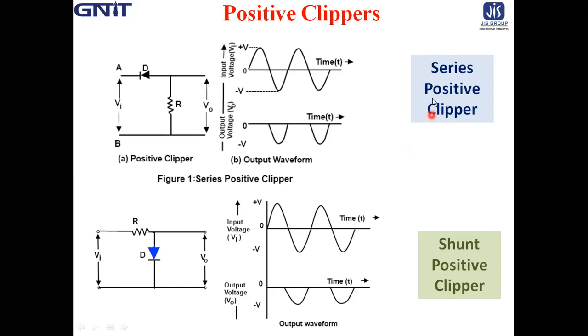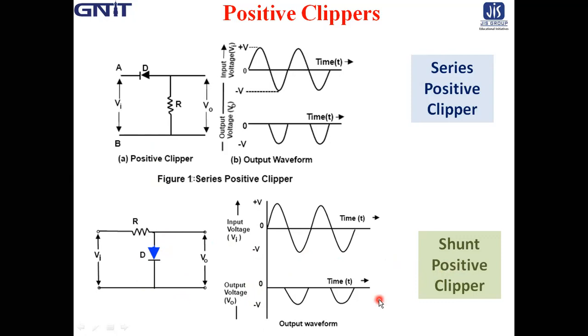One is series positive clipper and other is shunt positive clipper. The first figure shows an example of series positive clipper, and the second circuit diagram shows an example of shunt positive clipper.